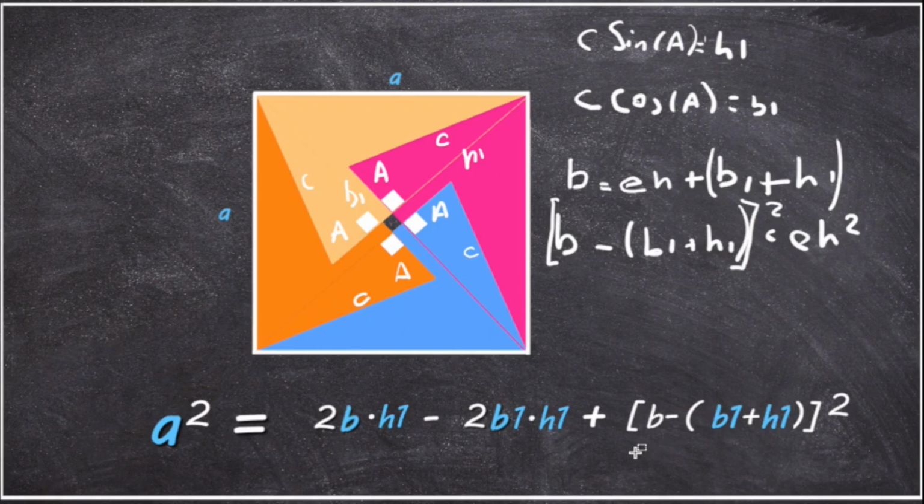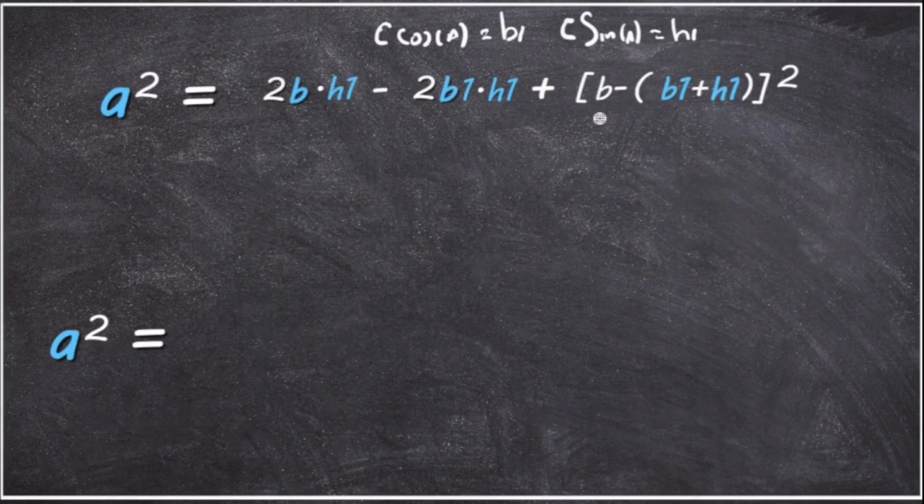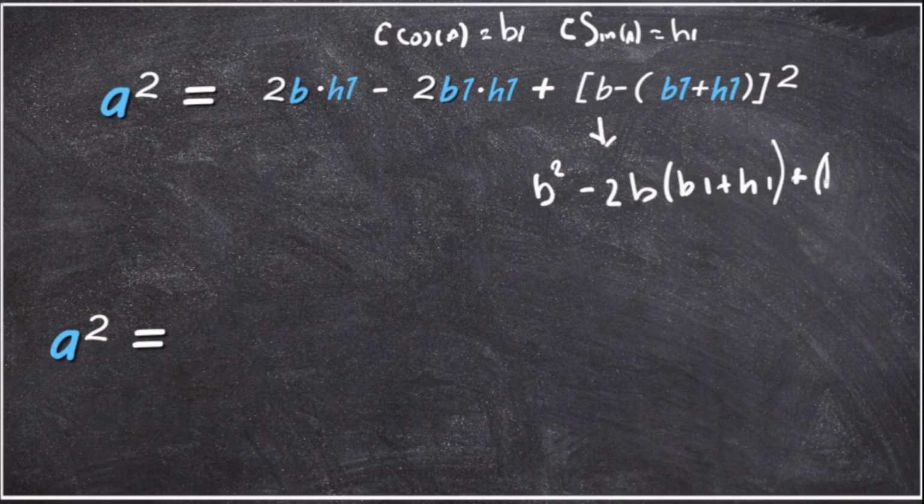And now it's just a matter of computing what's in the brackets, simplifying the results, and seeing what we get. Let's expand the brackets. I assume you already know how to expand the brackets, so let's just do it the shortcut way. That's going to be B squared minus 2 times B times (B1 plus H1) plus (B1 plus H1) squared.